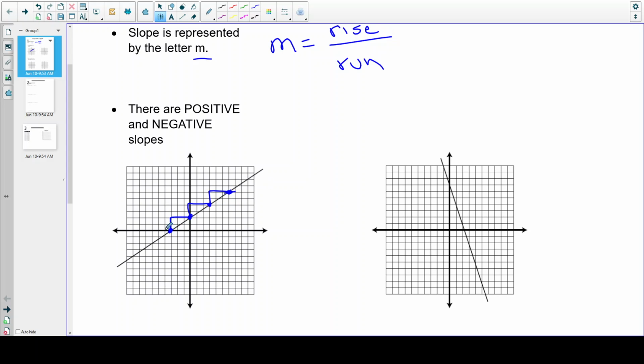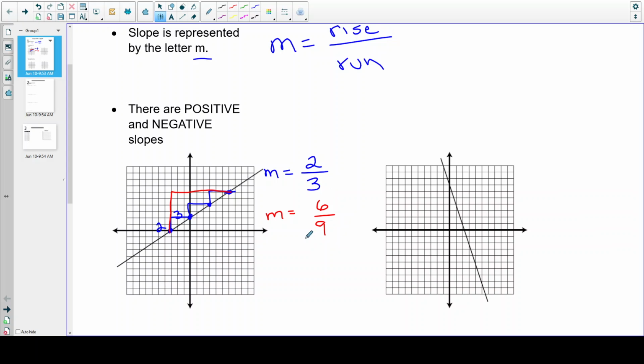So if I look at the blue one, this would be up 2, right 3, moving left to right. So my slope would be a rise of 2 and a run of 3. Now, if I do it again in red here, and we start here, and we go up 6, right 9, my slope would be 6 over 9, which are both divisible by 3.